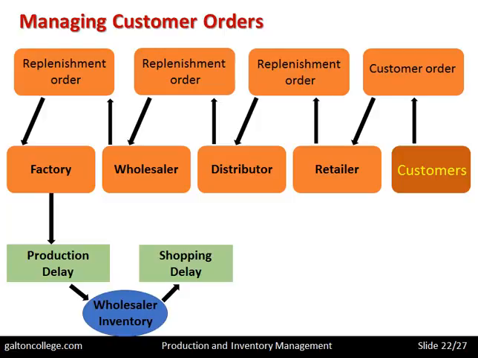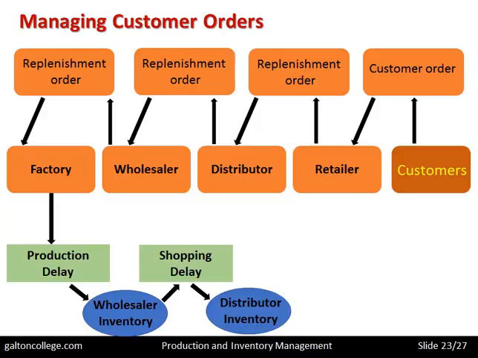But there's also a shopping delay. The distributor needs to inform the wholesaler, but the distributor will only know when the distributor receives an order from the retailers. And that's not instantaneous either. So there is a delay between the distributor and the wholesaler.